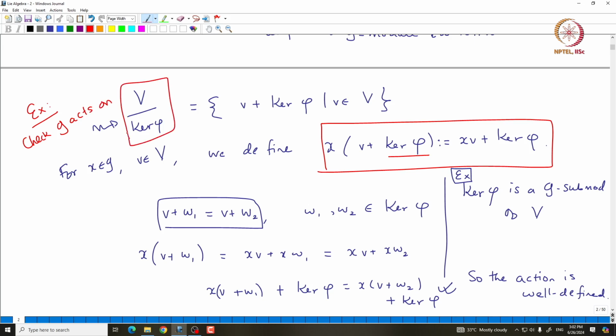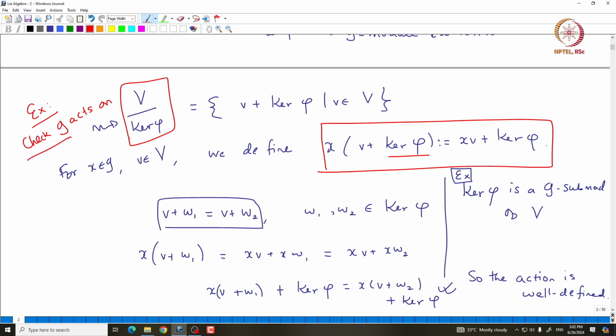That means we need to verify that whenever you take two elements x and y from G, then the bracket xy acts as x composition y minus y composition x. Of course, that induced action we can denote by phi tilde. Then what we mean is phi tilde of x composition phi tilde of y minus phi tilde of y composition phi tilde of x.